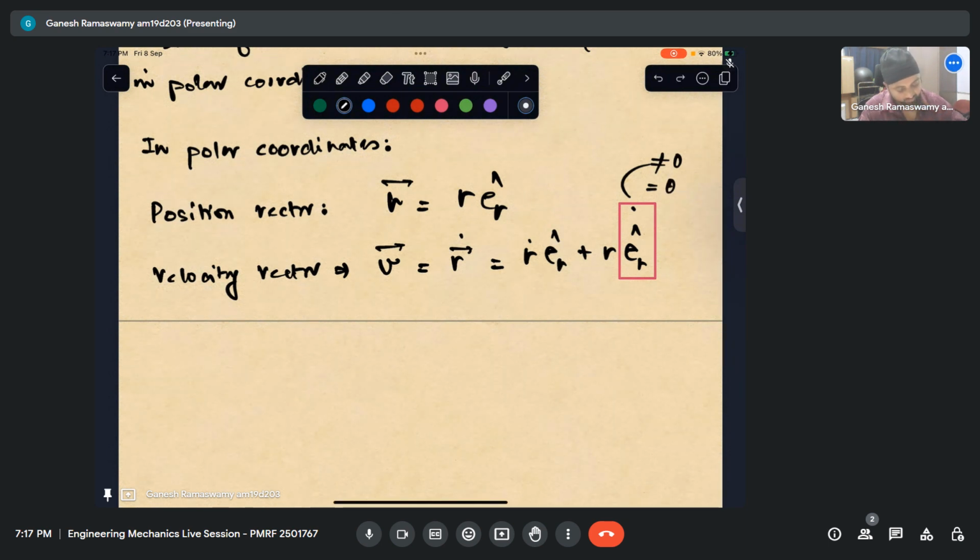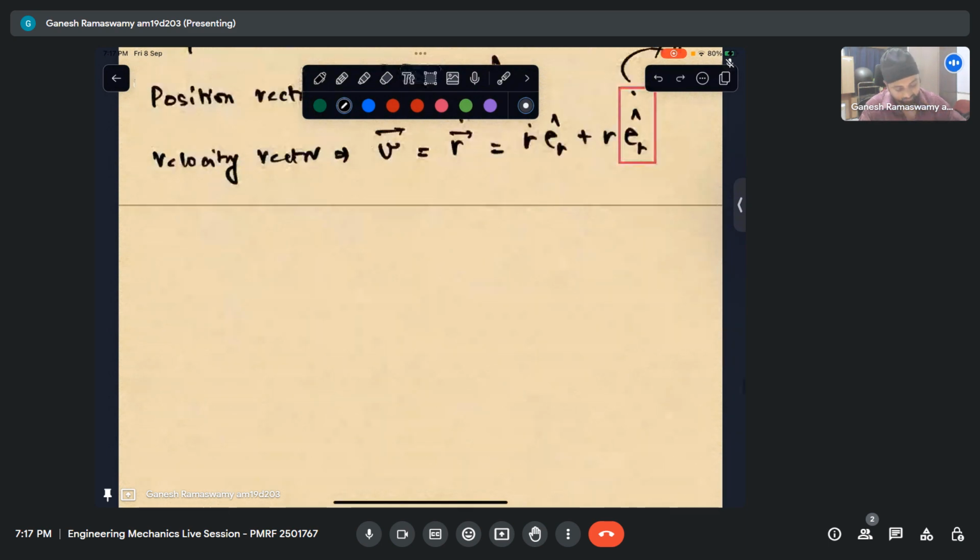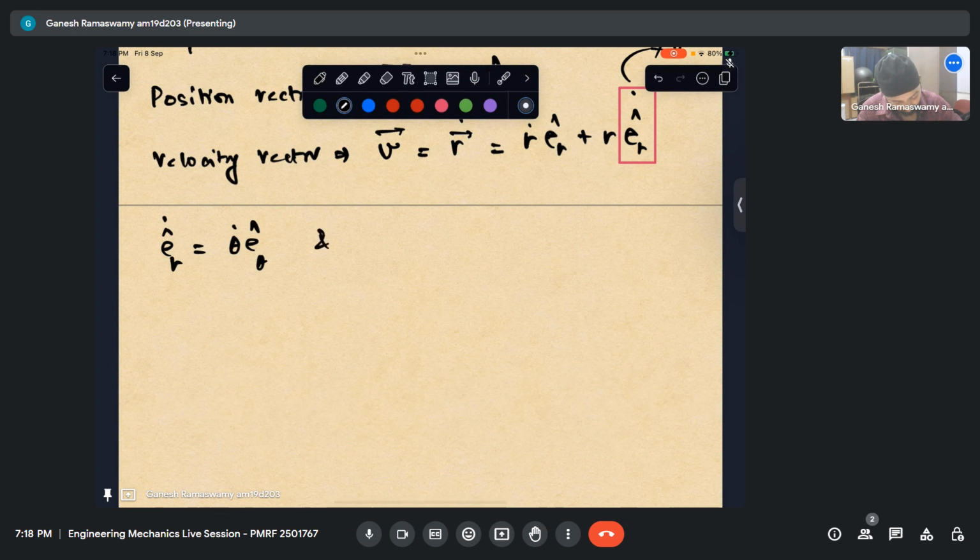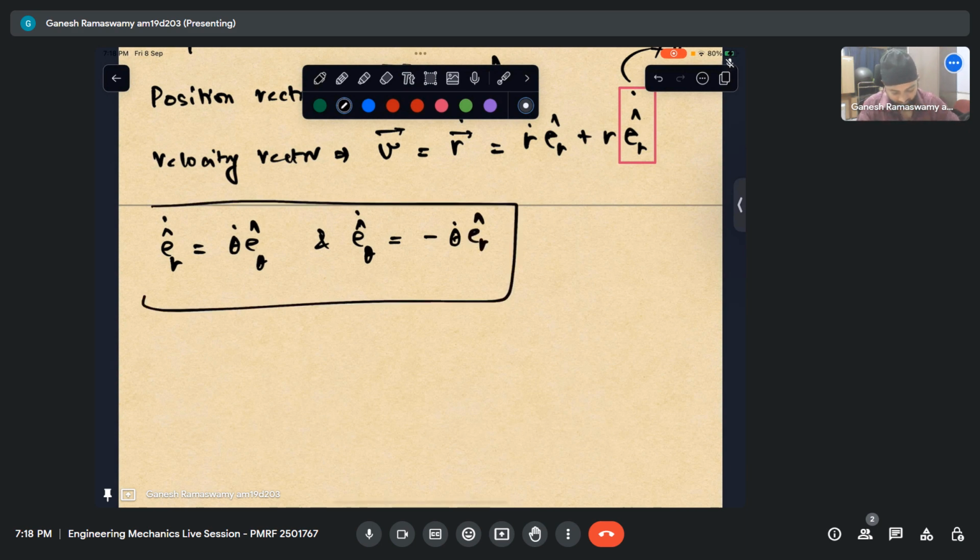Actually, er dot is nothing but theta dot e theta, and e theta dot is nothing but minus theta dot er. Derivations are given in the lecture.